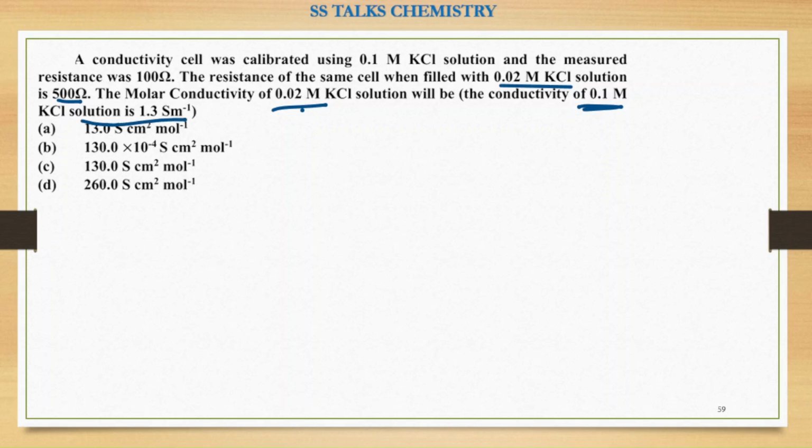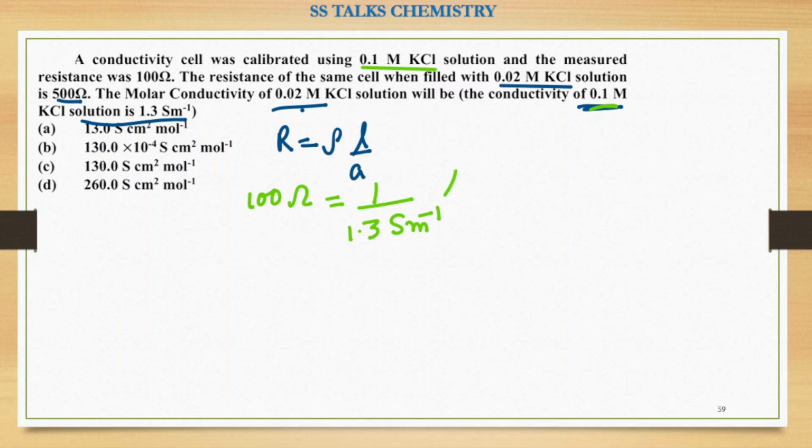We know that R is equal to rho L by A. Firstly, we will find the cell constant. For the 0.1 molar solution, the kappa value and the resistance value of 100 ohms are given. Kappa is 1 by resistivity, so 1.3 Siemens per meter, into the length by the area. So we can find this cell constant.